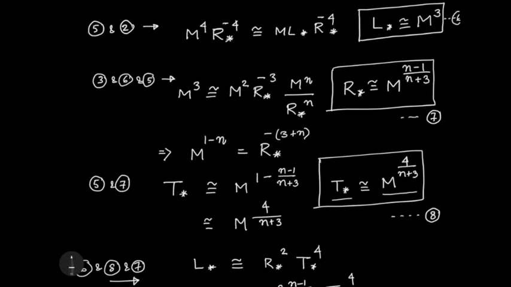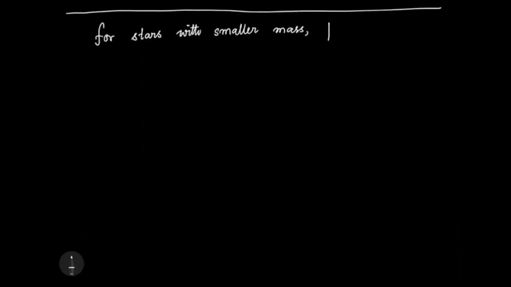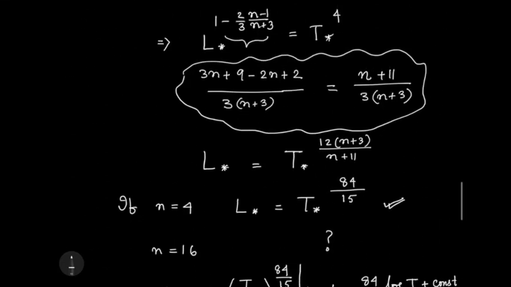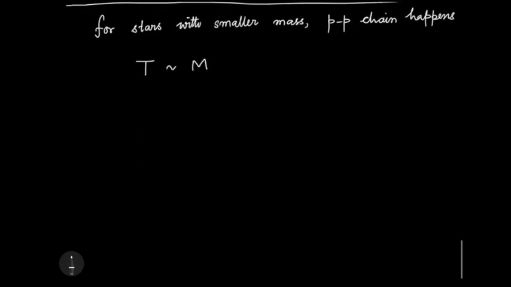So which means now for the stars with smaller mass, as I say that pp chain happens, I can say that the temperature goes as M to the power 4 by 4 plus 3.